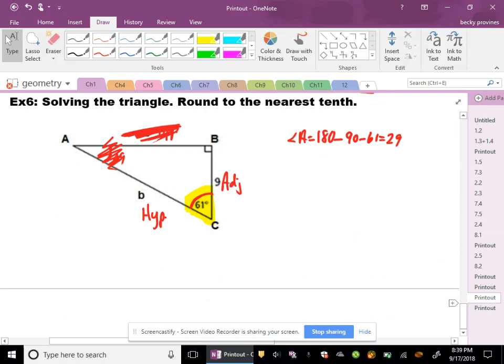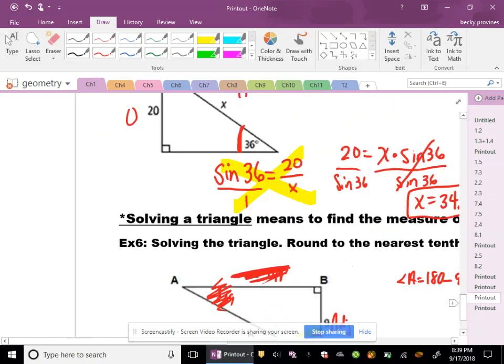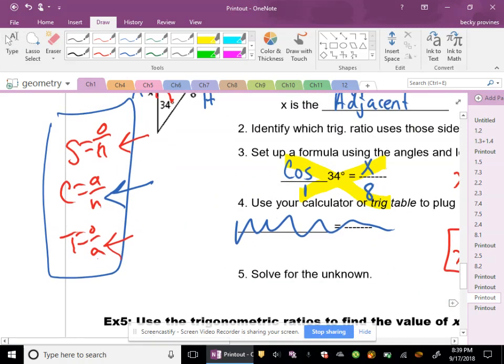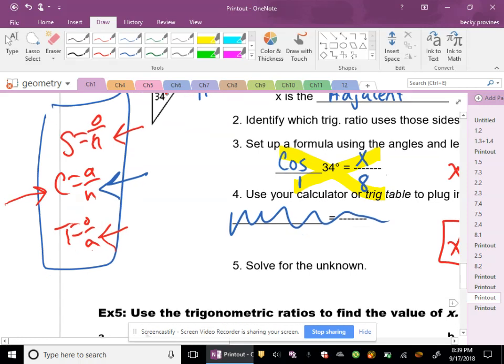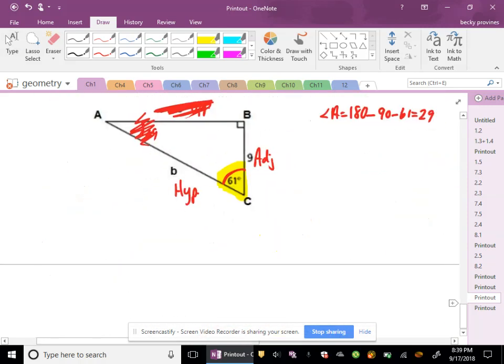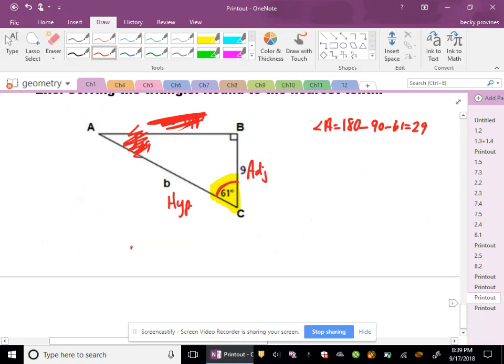You're going to say, what is adjacent and hypotenuse? So find where I wrote down the little things. Adjacent and hypotenuse is cosine. So we're going to use the cosine to solve for B.